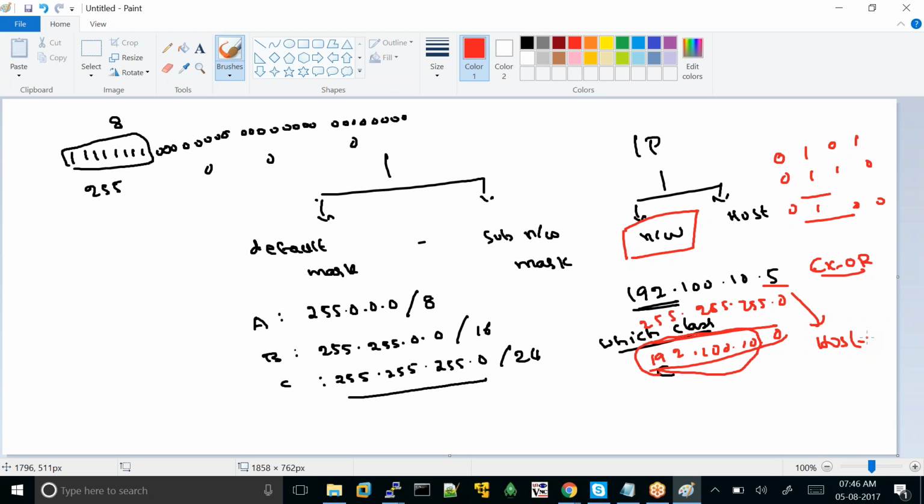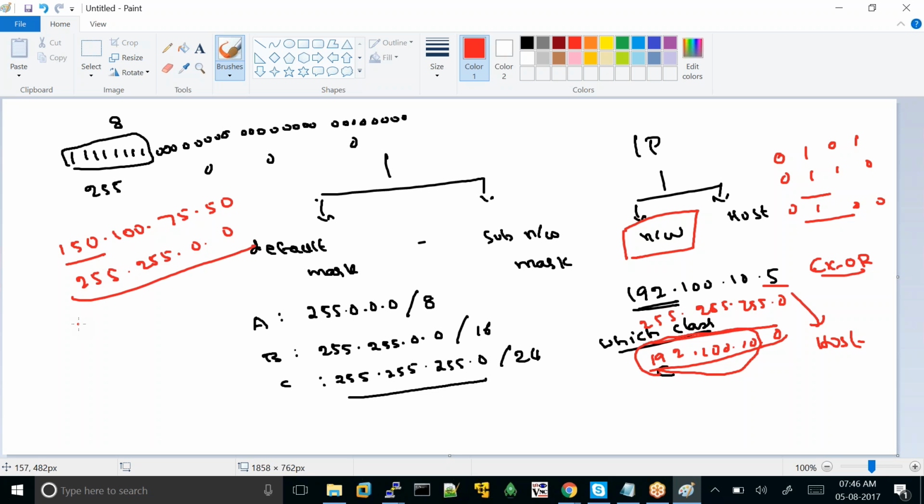If you have any doubt, please let me know. You can take another address, 150.100.75.50. Which class does it belong to? It belongs to class B, so the mask is 255.255.0.0.